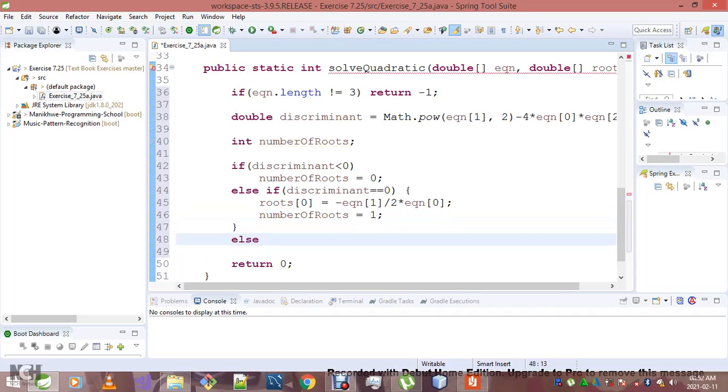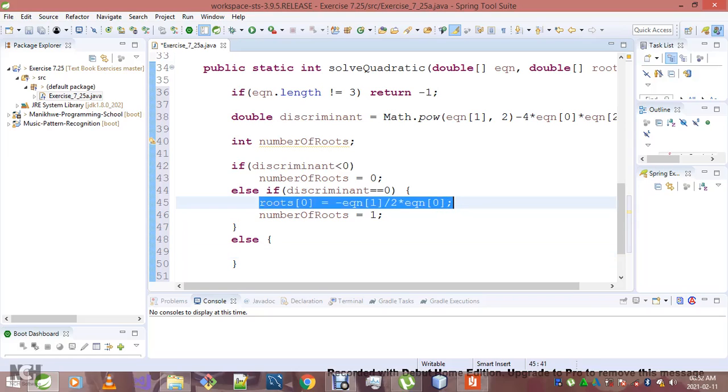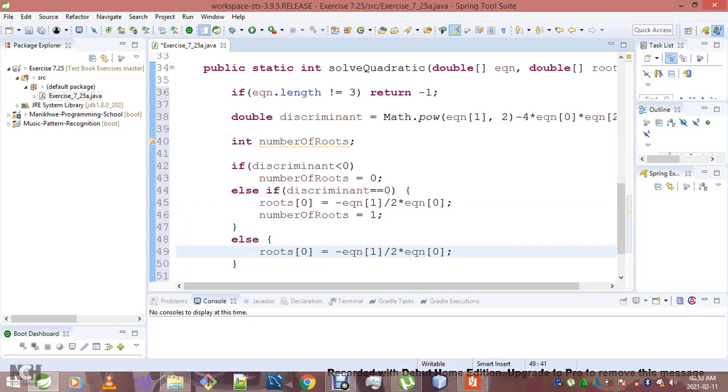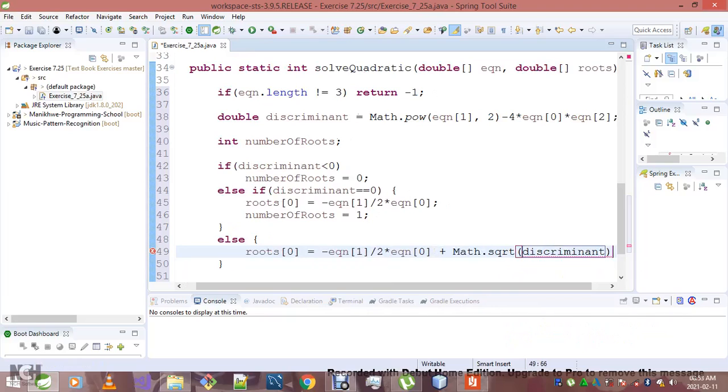Else, so root, it's gonna be minus b plus square root of discriminant divided by 2a.